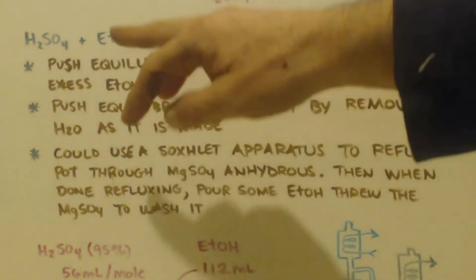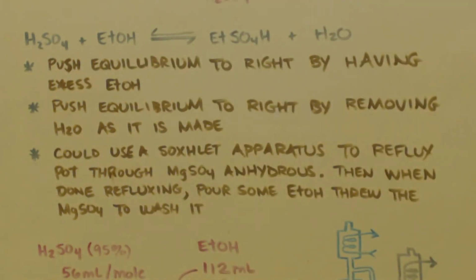It doesn't have to be ethanol, it can be sulfuric acid, but we already have the ratio of sulfuric acid to ethanol as a 1:2 ratio in milliliters. So that's set. There's nothing we can do about it. But that does give you an excess of ethanol, a lot of excess. So that will help push the equilibrium to the right.